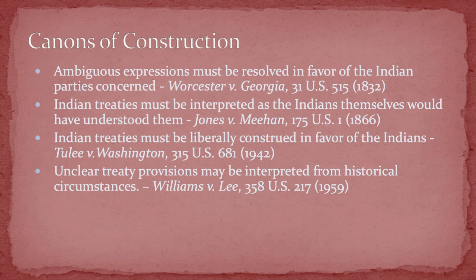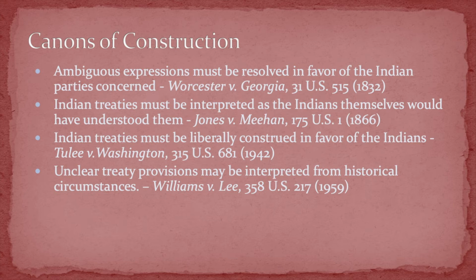And here are the 4 canons of construction and interpretation that apply to both treaties and to statutes. The first is ambiguous expressions must be resolved in favor of the Indian parties concerned. And that was developed all the way back in 1832 in Worcester v. Georgia, which is one of the Marshall Trilogy cases that we'll discuss later.